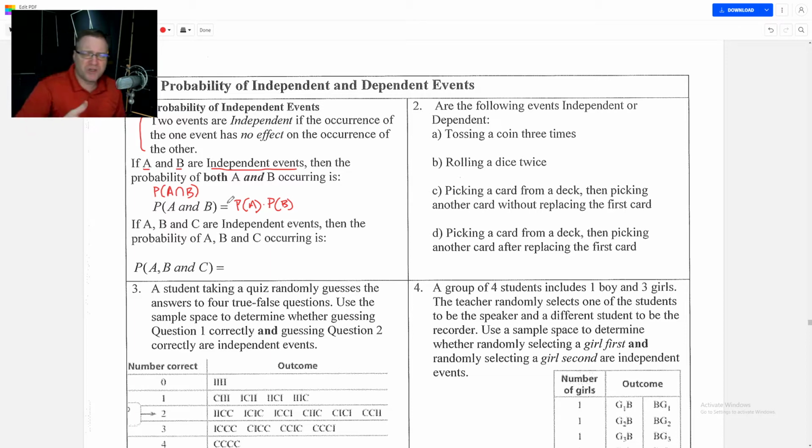And this rule applies for multiple events, not just two. Here we have two events, A and B, but what if we have A, B, and C, and we say that they are all independent events?